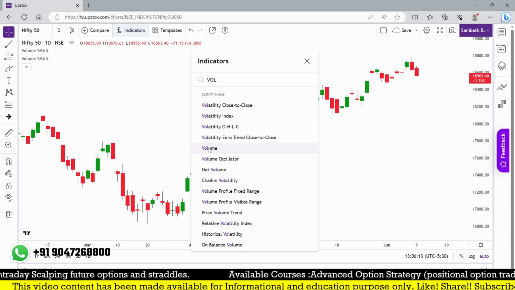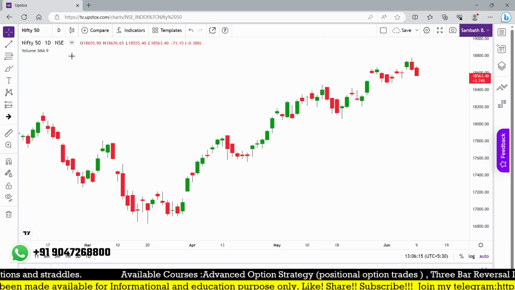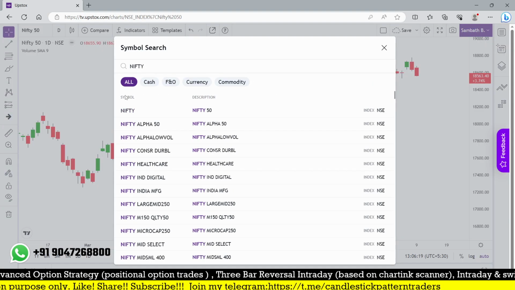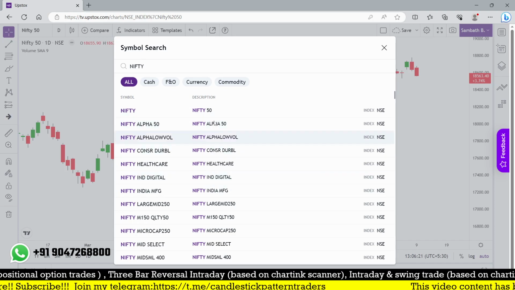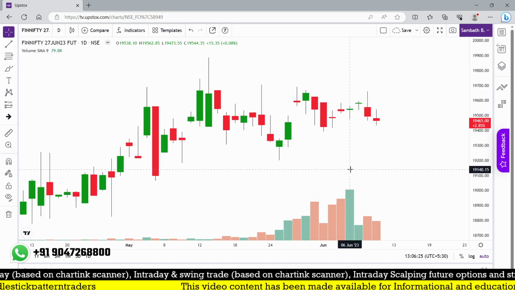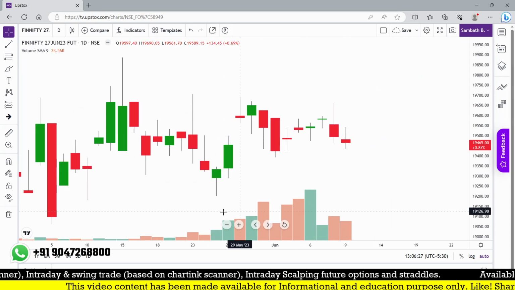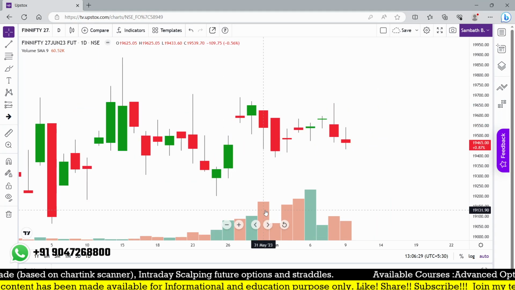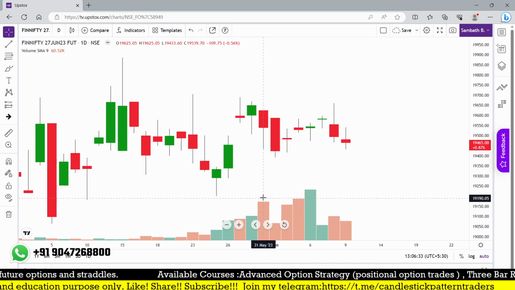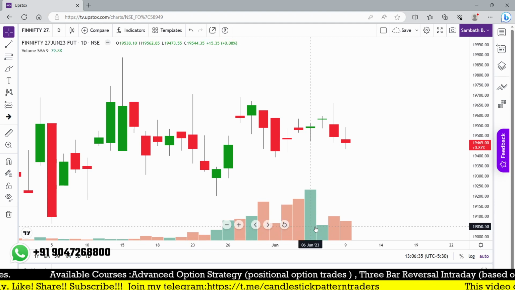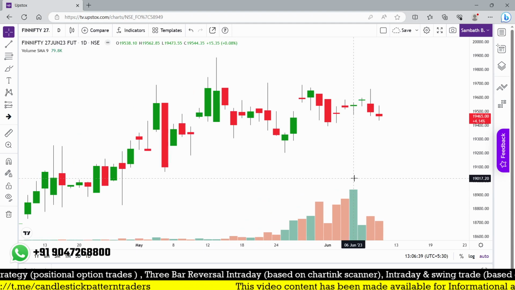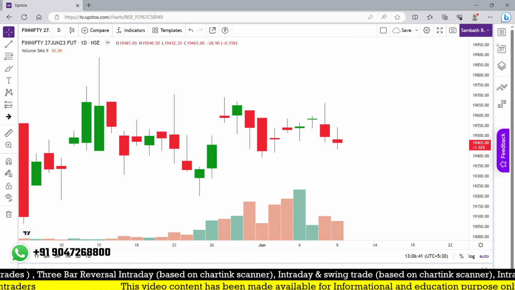In an index you cannot get it, maybe around Nifty. Okay, so can you get this volume? Here you can see there is a volume breakout at this point, and compared to the previous volume, it is less at this point, but at this point there is huge volume compared to the previous day. That is why we are going to create this scanner, a simple scanner, and a powerful one.